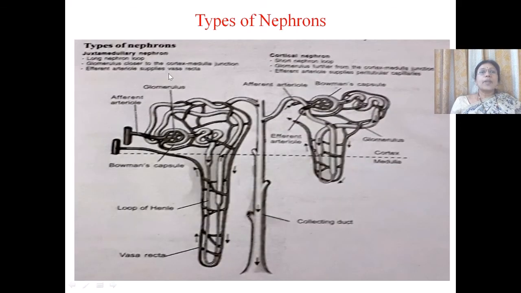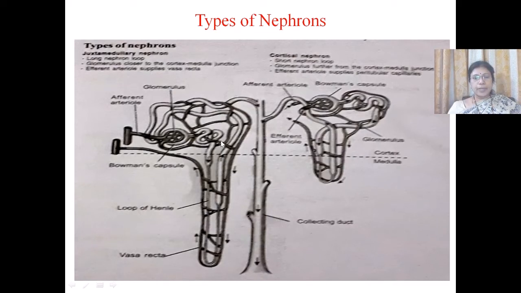The juxtamedullary nephrons help in concentrating the urine, and the presence of these nephrons is an adaptation to a terrestrial mode of life. In mammals, high amounts of salts and nitrogenous waste are excreted, conserving the water, with the presence of these juxtamedullary nephrons.